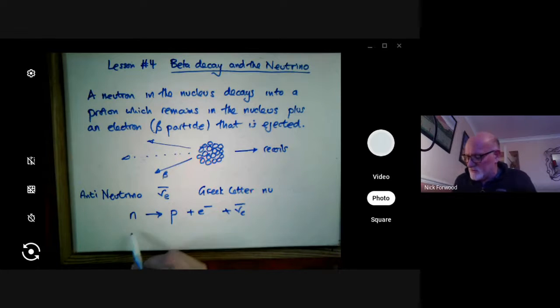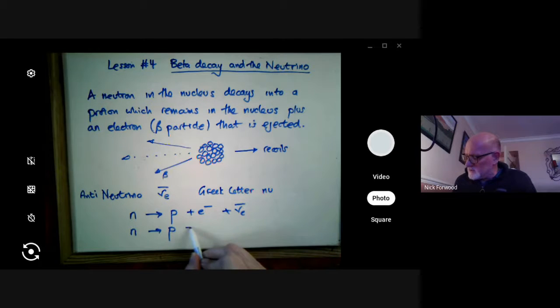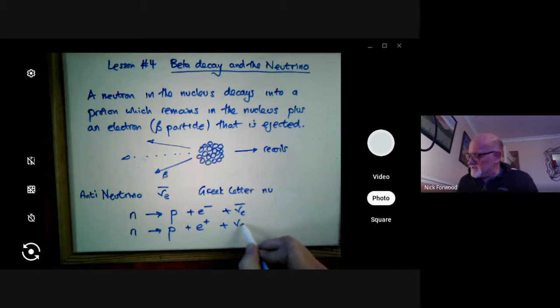So you start off with a proton in the nucleus, you're left with a neutron in the nucleus, and we kick out a positron, a positive electron, and later discovered, lo and behold, a matter particle called a neutrino.